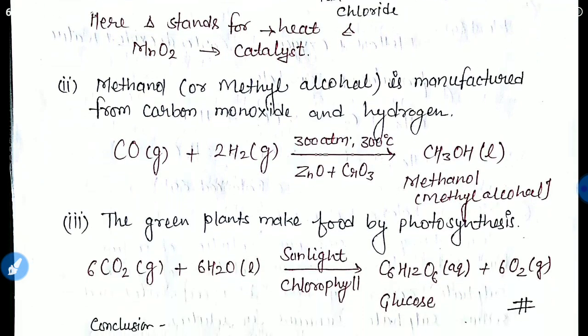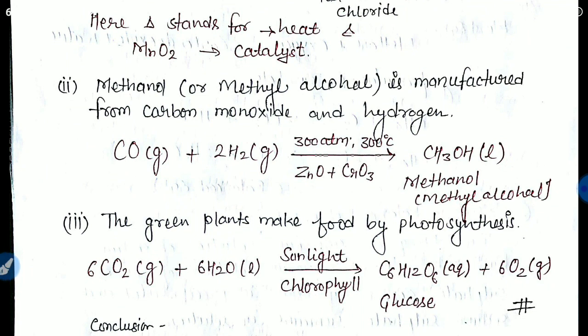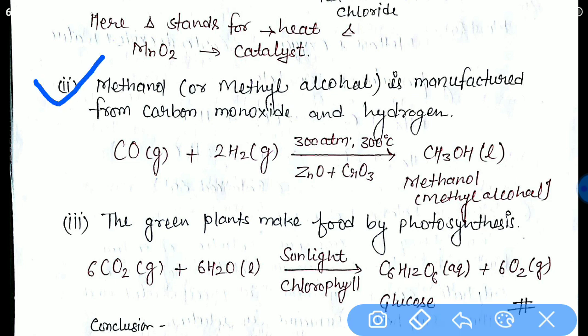Now read the second point. Methanol, also known as methyl alcohol, is manufactured from carbon monoxide and hydrogen.